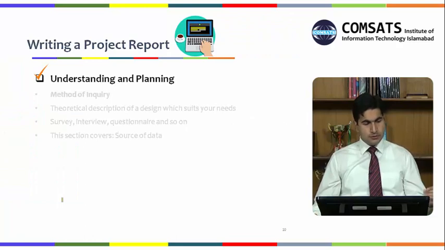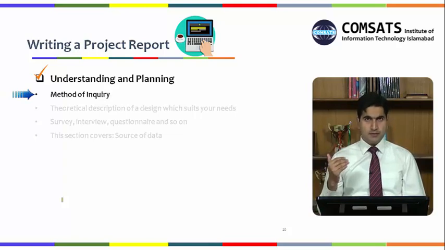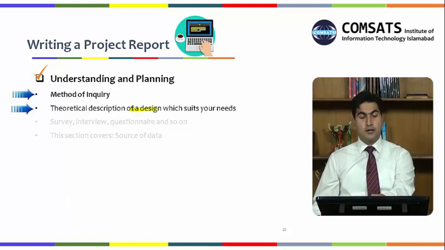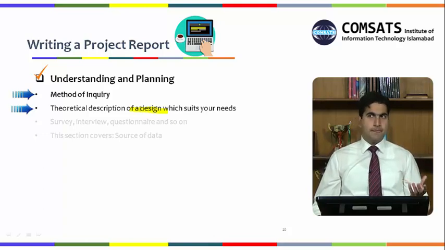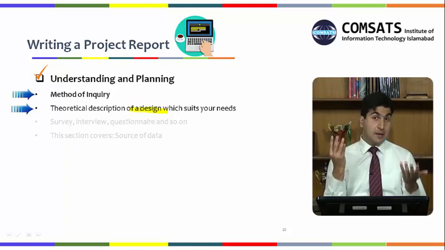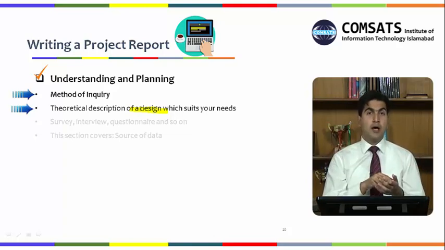The next stage is to write the methodology. What method was there for the inquiry, for the whole study, and how you have carried it out. Within this method of inquiry section, you basically have to come up with a theoretical description of the whole design through which you have carried out the study: how you have defined your population, how you have taken the sample, what sampling technique was used, and then how you have collected the data from that sample.